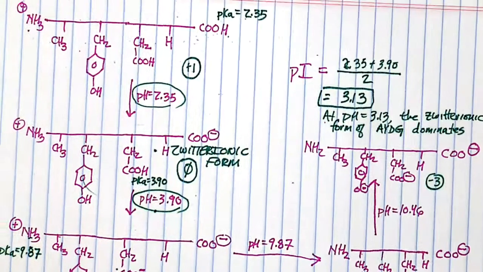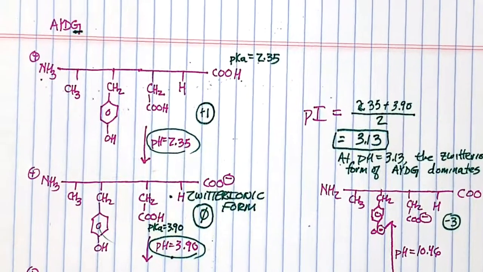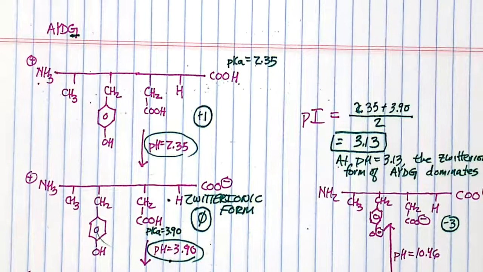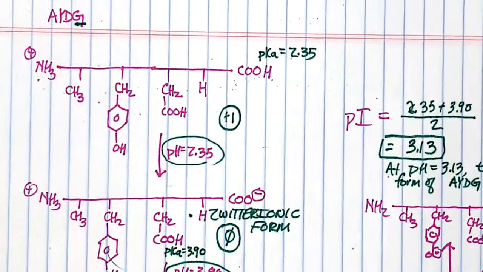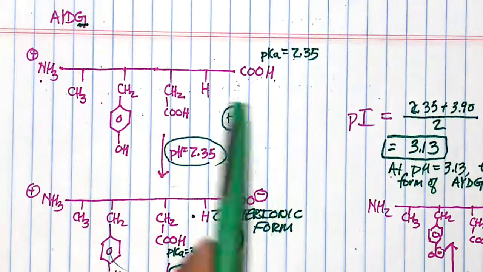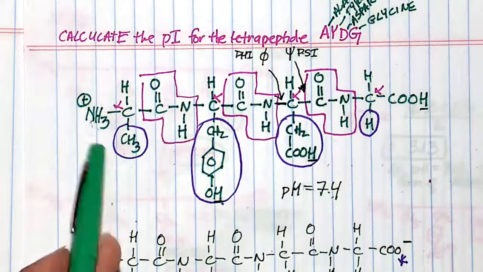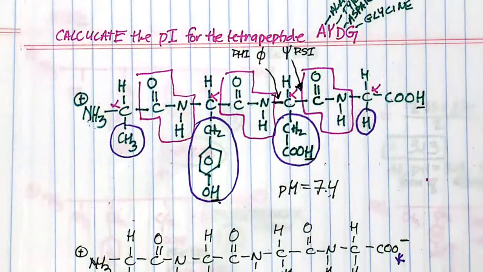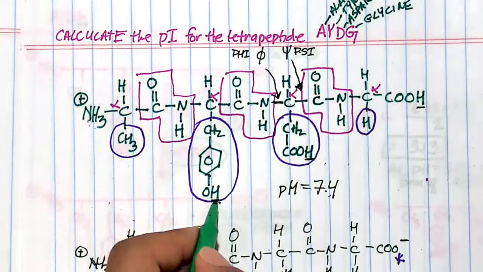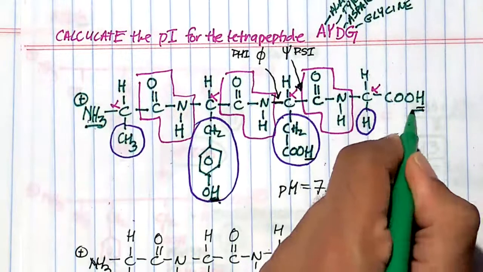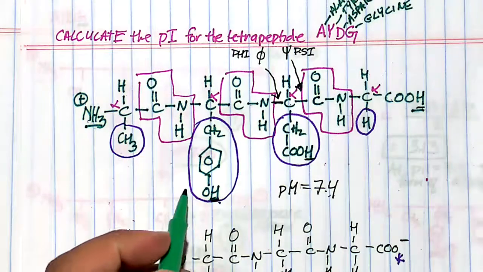Okay, so this is how you want to proceed in doing your PI calculations. Notice you start with the completely protonated form, and I avoided all of this mess. I avoided drawing all of this structure. I only concerned myself with drawing the alpha amino group, the alpha carboxylic acid, and any side chains.